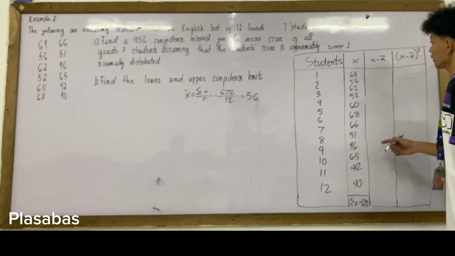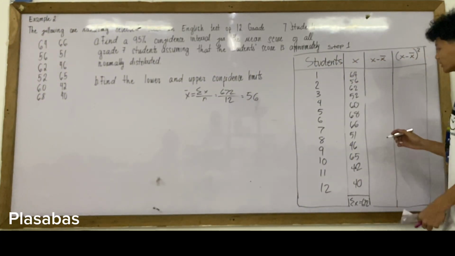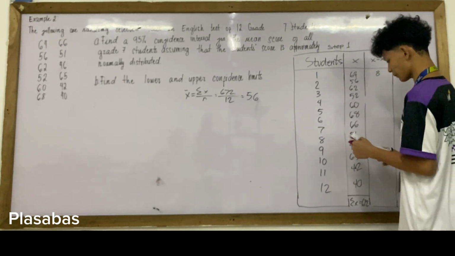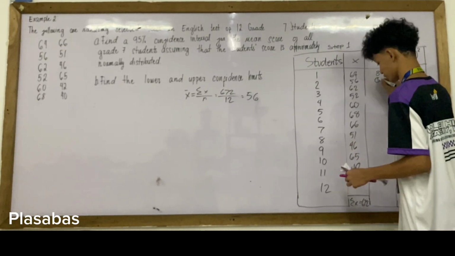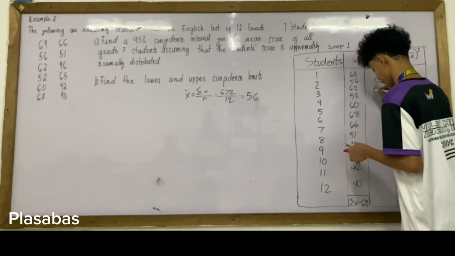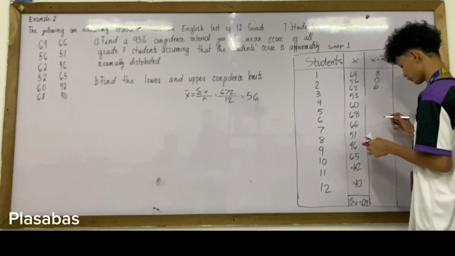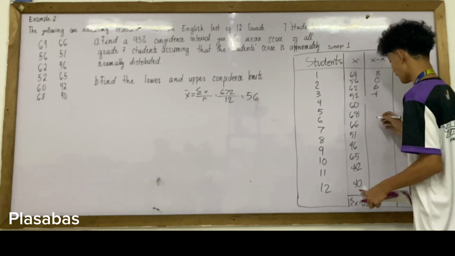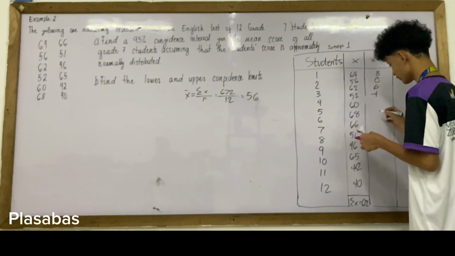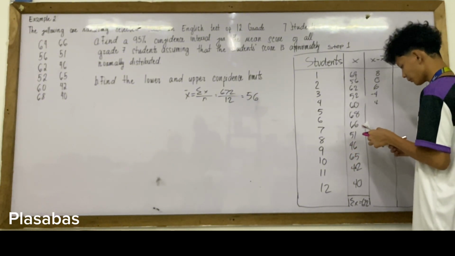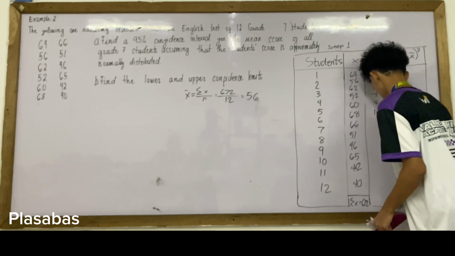So 64 minus 56 is equal to 8. And 56 minus 56 is equal to 0. And 62 minus 56 is equal to 6. And 52 minus 56 is equal to negative 4. And 60 minus 56 is equal to 4. And 68 minus 56 is equal to 12.